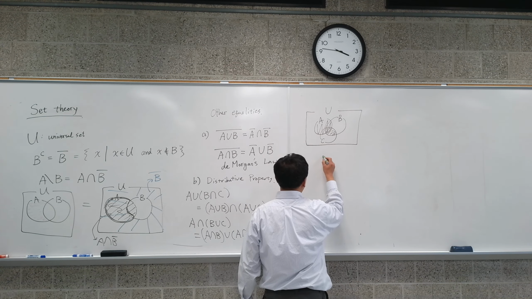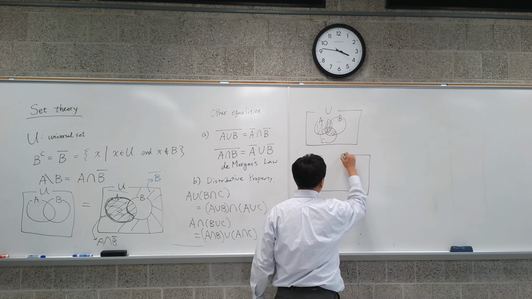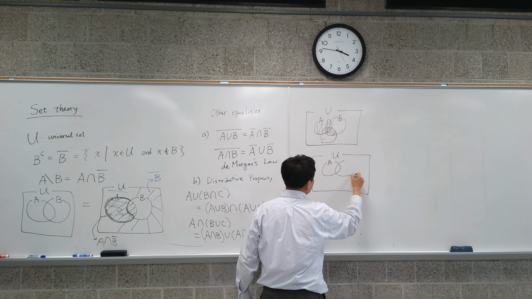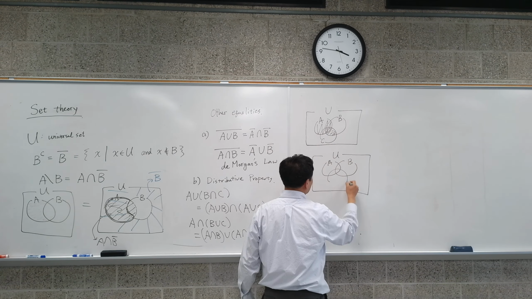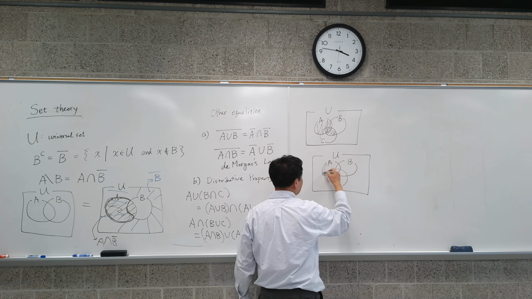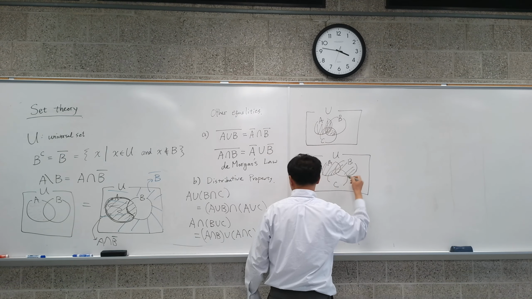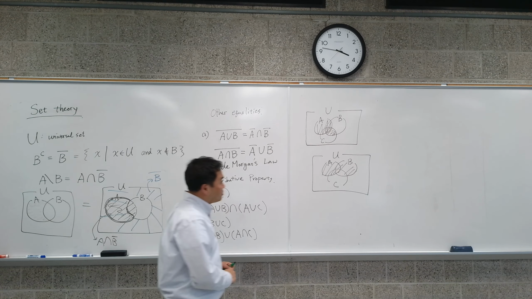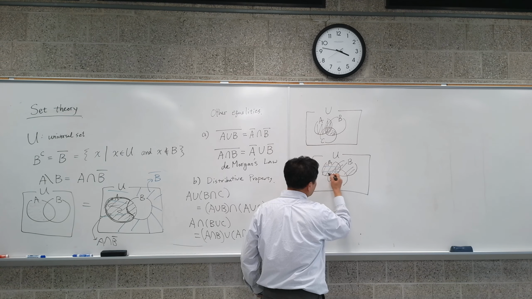Well, to draw the second one, you get A union B, which is this one, and A union C is this one.